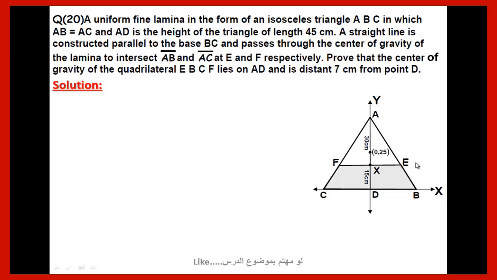EF passes through the point X, such that X is the center of gravity of the lamina, to intersect AB and AC at E and F. So the straight line drawn intersects AB at E and AC at F.